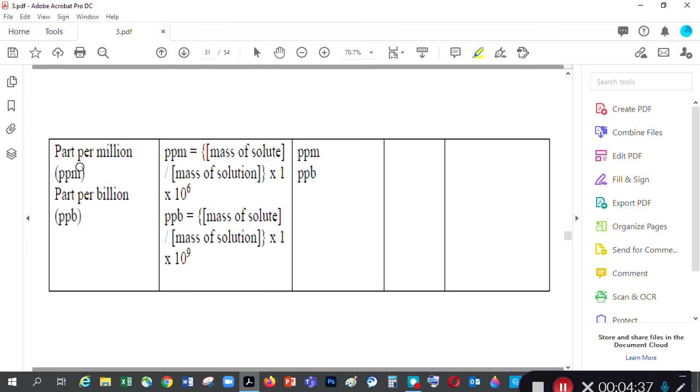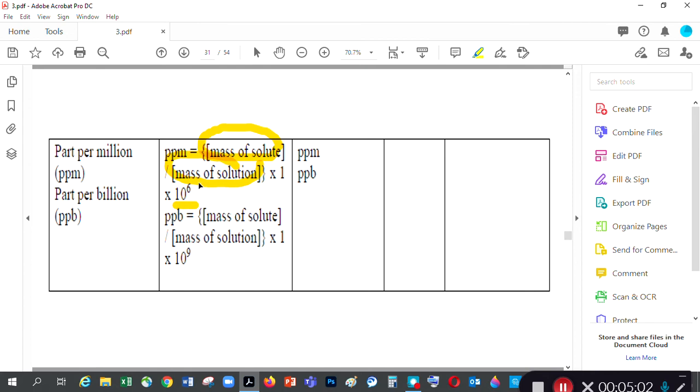The last thing here, part per million, ppm, or part per billion, ppb. And if you look at this, part per million is mass of the solute divided by mass of the solution multiplied by 10 power 6. And you know 10 power 6 is millions, correct?